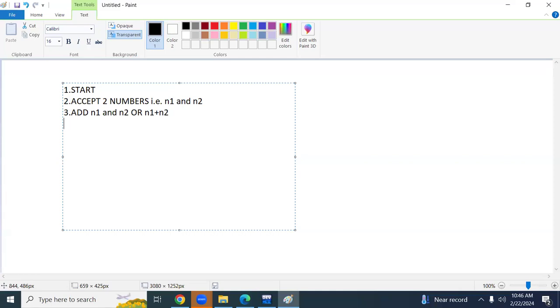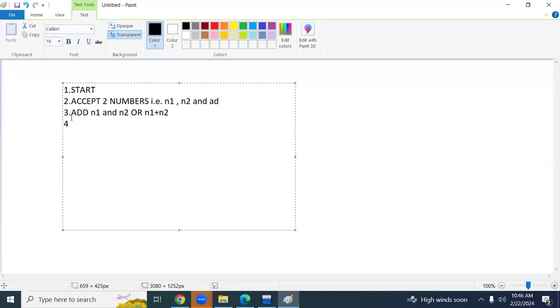Okay. Then fourth step, whatever the addition is coming, we need to print that, and we have to store it somewhere. Yes or no? For that storing purpose, I need one more variable because the addition should be stored in another variable. So here I am taking one more variable for addition purpose. I'm just using ad.